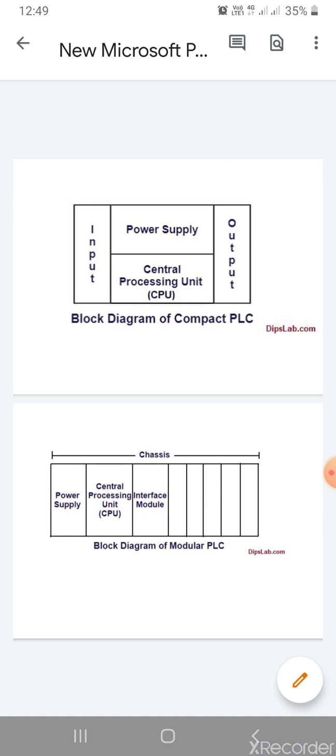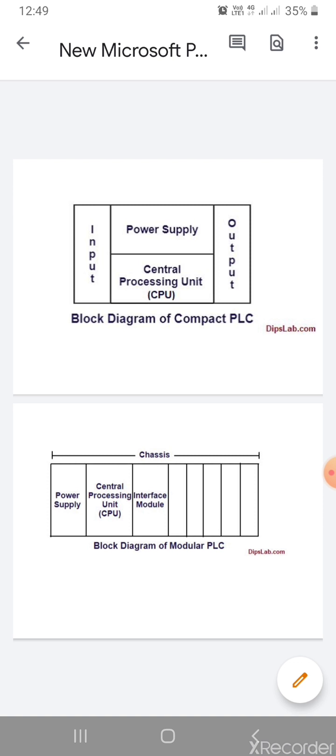In this, the input and output are fixed, and it is determined by the manufacturer how many inputs and outputs should be used for a particular application or a particular PLC.